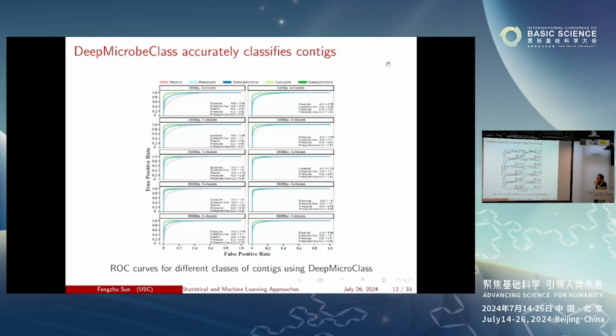distinguish them. So we try to merge these two into one, like the plasmid and the prokaryote into one, and then we have a 4-class classifier.